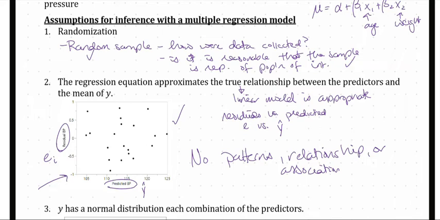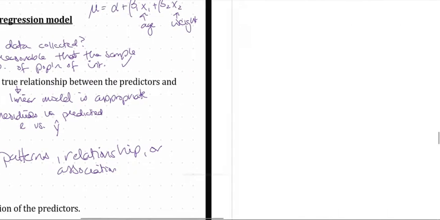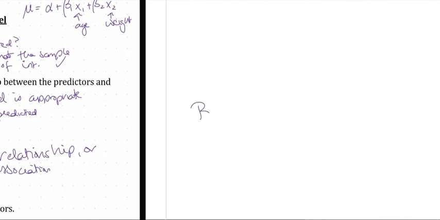Because there are no patterns, there's no apparent relationship between the residuals and the predicted response. So a bad plot for this would be something like residuals versus the predicteds, where I saw my residuals tending to increase and then tending to decrease as my predicted response changes.